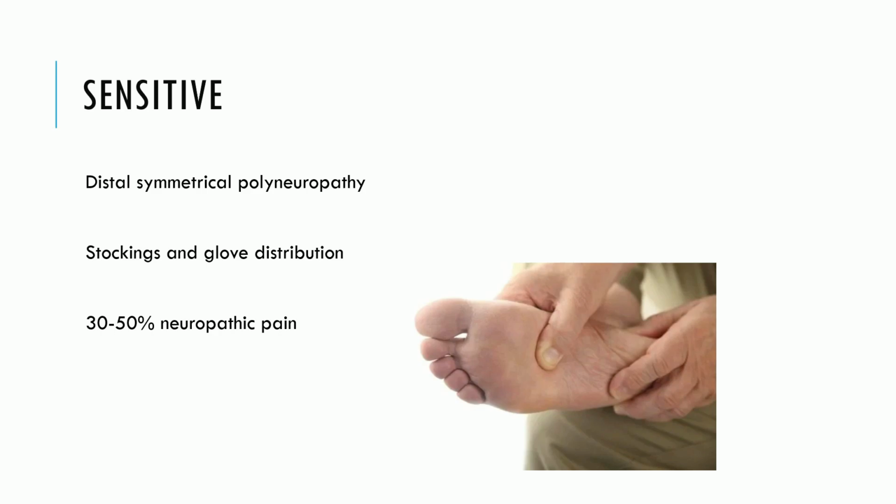Number two, the most frequent distribution is the stocking and glove distribution. So as I was saying, first the toes, then the feet, then like stockings, and finally we add the hands. Of course, it can progress further, so we might find a sensitive neuropathy on all of the arms and all of the legs.